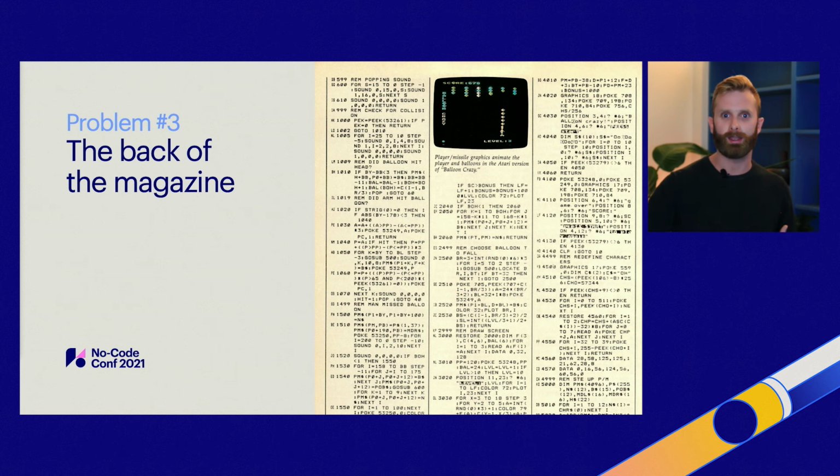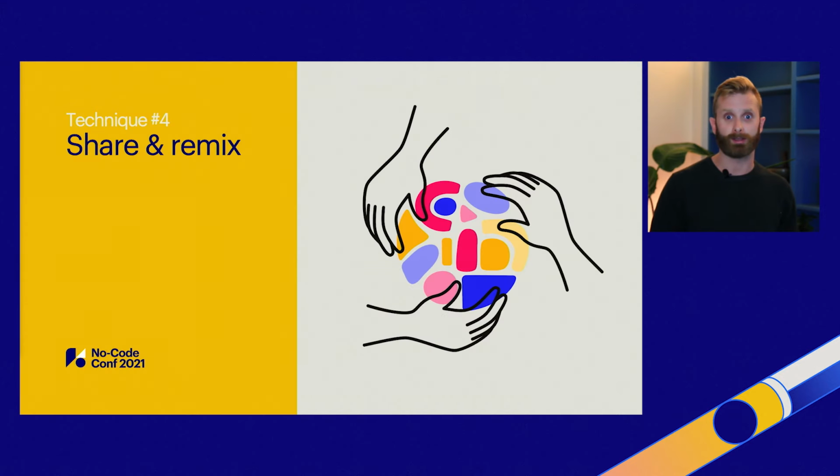The final technique I want to share with you from the world of programming is sharing and remixing. Most of you have probably heard of GitHub. GitHub is the world's largest repository of open source software code. If a programmer is looking to achieve a particular goal, like displaying locations on a map or sorting a list of numbers by size, they don't have to go rifling through their coding magazines and then carefully type the instructions into their keyboard.